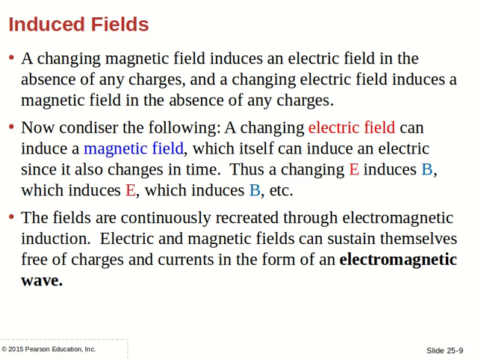The changing fields move away from that point in the form of an electromagnetic wave. So if I shake that charge, I'm producing a changing electric field in that region of space, and that changing electric field produces the magnetic field, and the two form an electromagnetic wave.